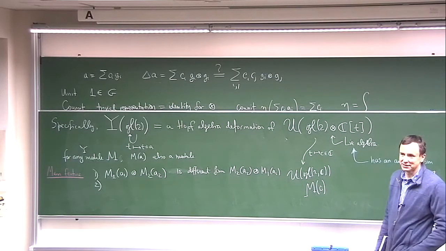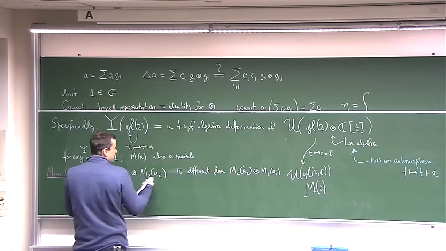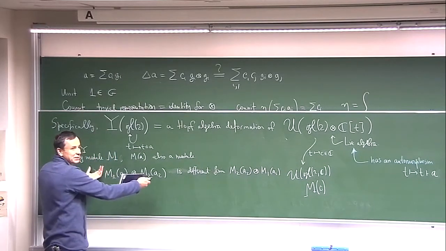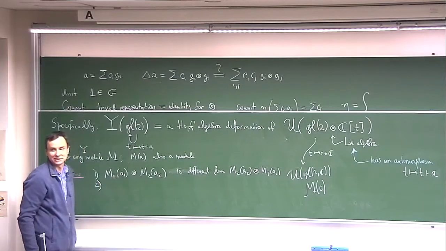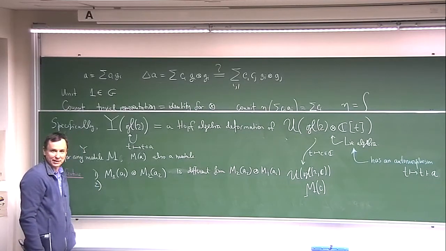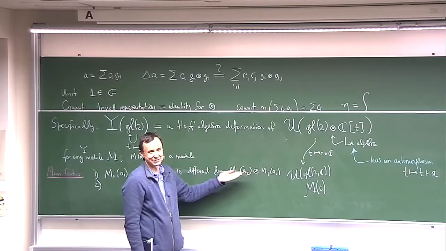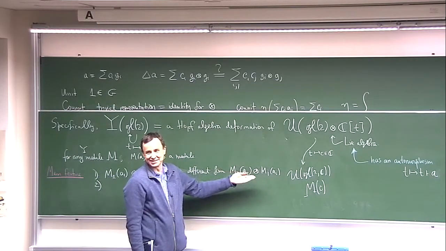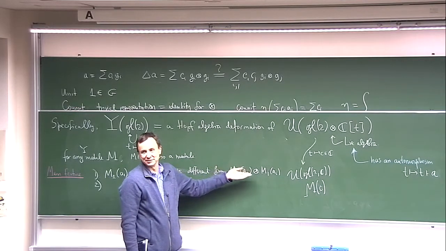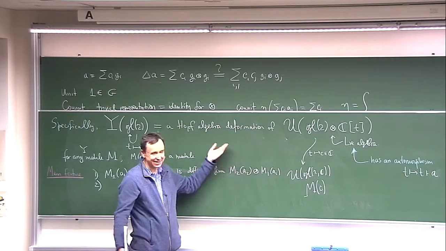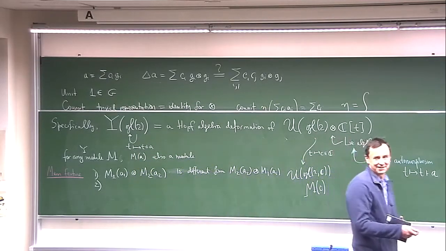Certainly this tensor product will be irreducible if a1 and a2 are distinct. And it's a different irreducible module with the same character and everything. How can it be so different? It can't really be different.